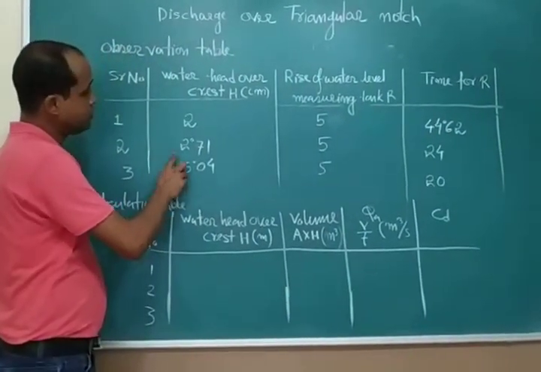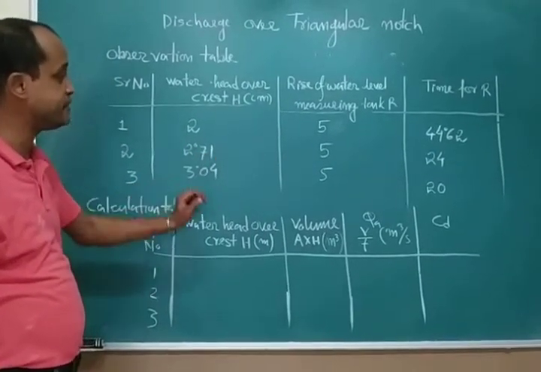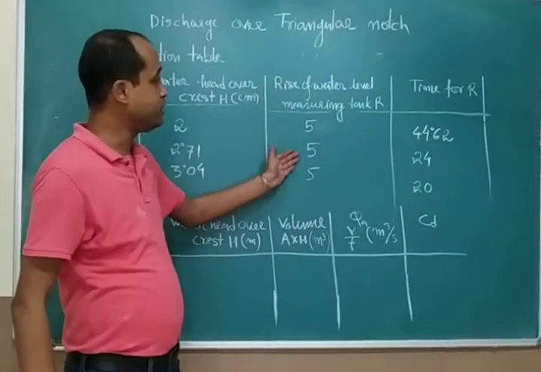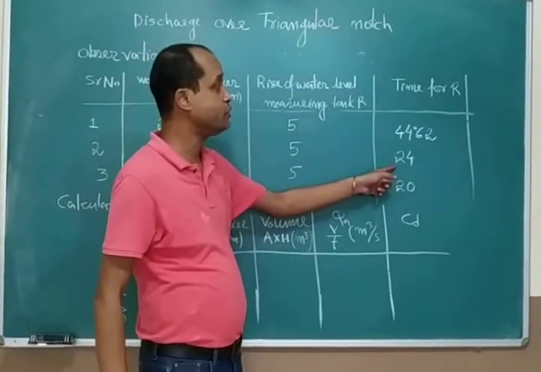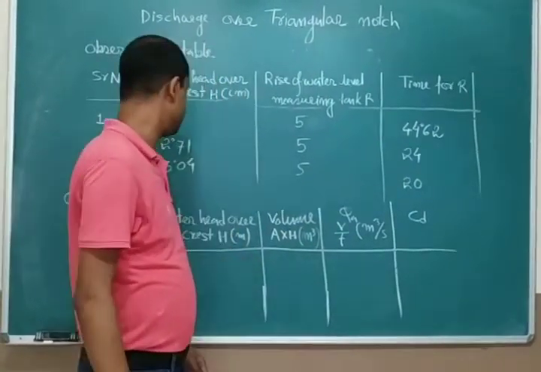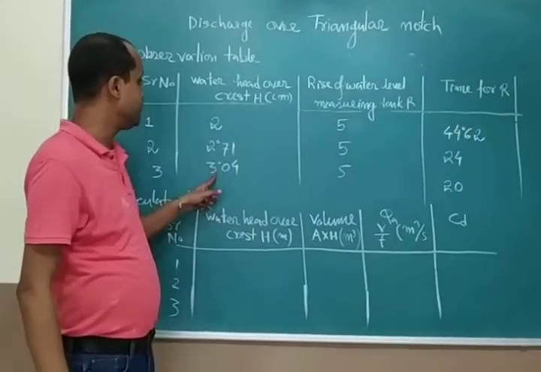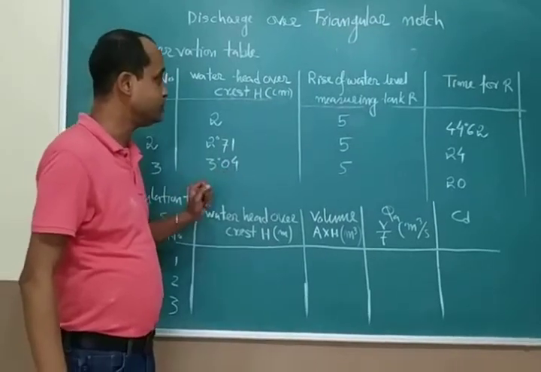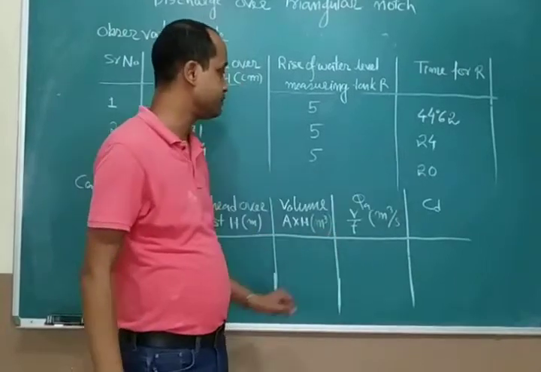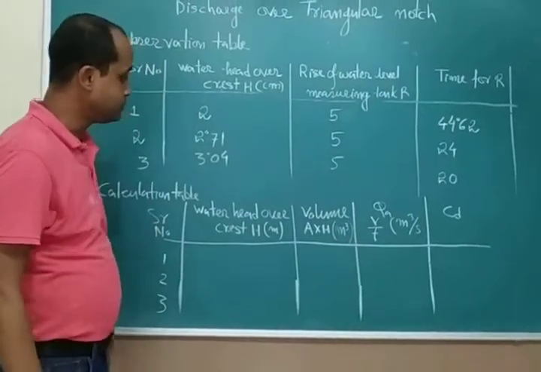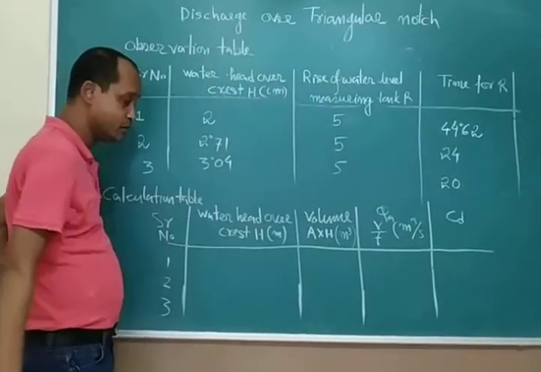Similarly for observation number 2, H is 2.71 cm, the rise of water level we are taking the same, 5, and the time requirement is 24 seconds. Similarly for the third observation, H is 3.04, the rise of water level is 5, and the time taken is 20.